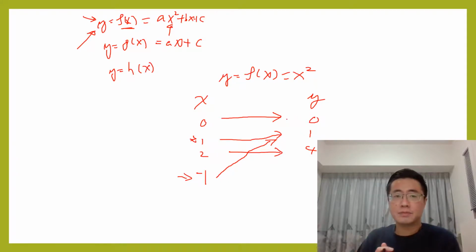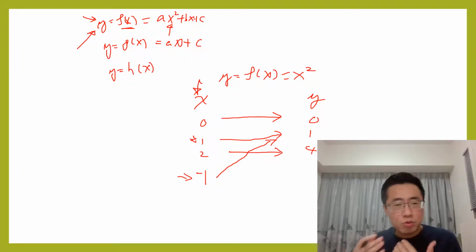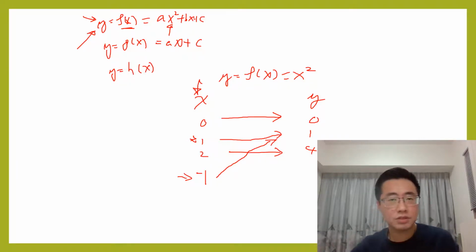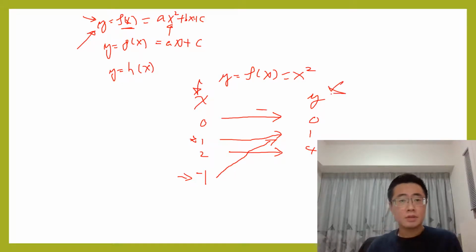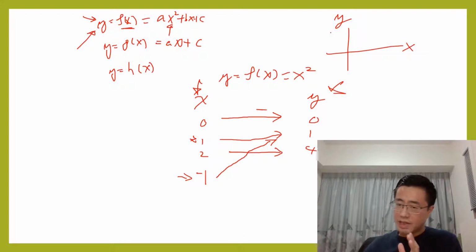In other words, every value of x has only one corresponding output value of y, or it is equivalent to saying that for a function, you can tell what y is once you know what x is. Let me explain further. If you look at the xy coordinate plane, and at a very simple example, the linear function, the graph described by y equal to ax + c.